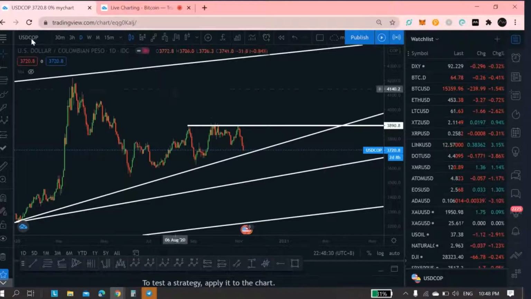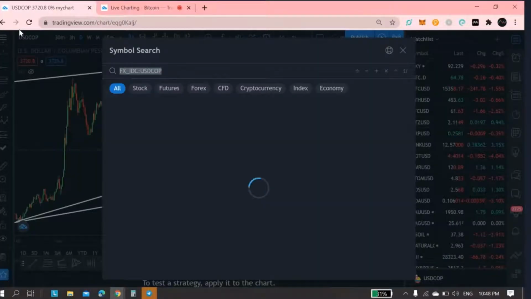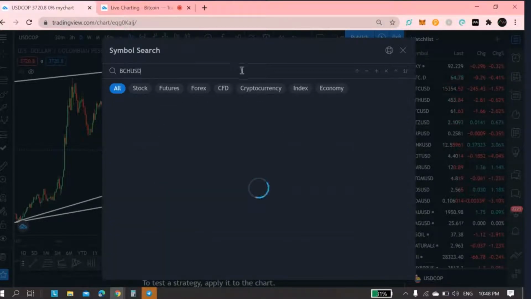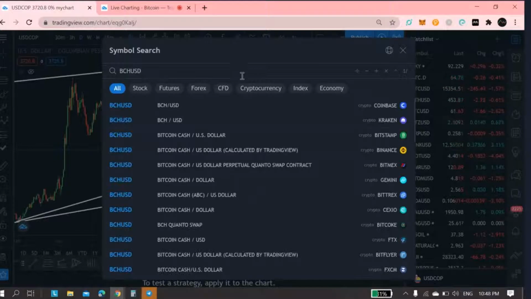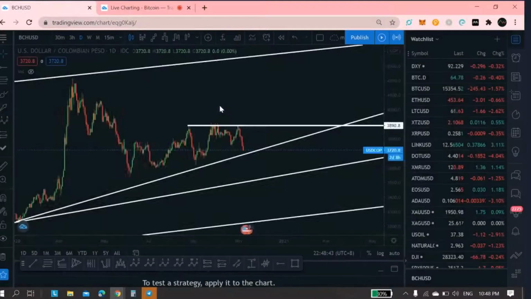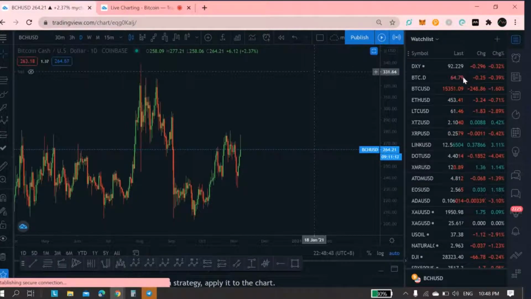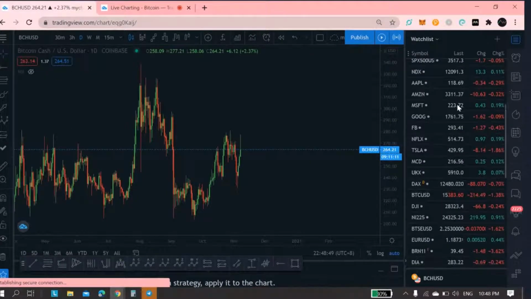And now let's move on to Bitcoin Cash BCH USD. So I will use Coinbase. Oh, there's red, almost all red.